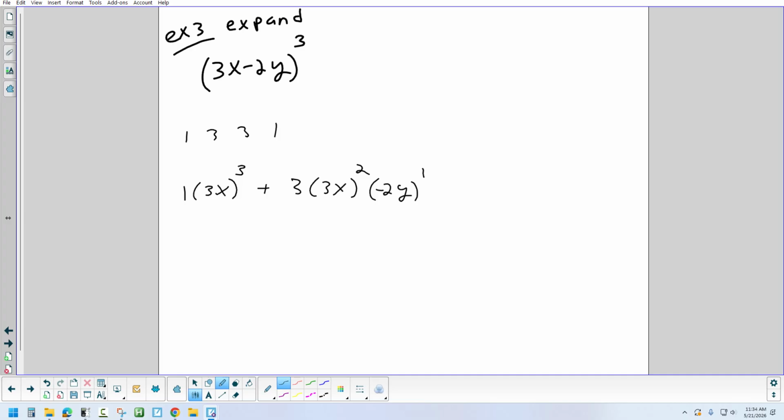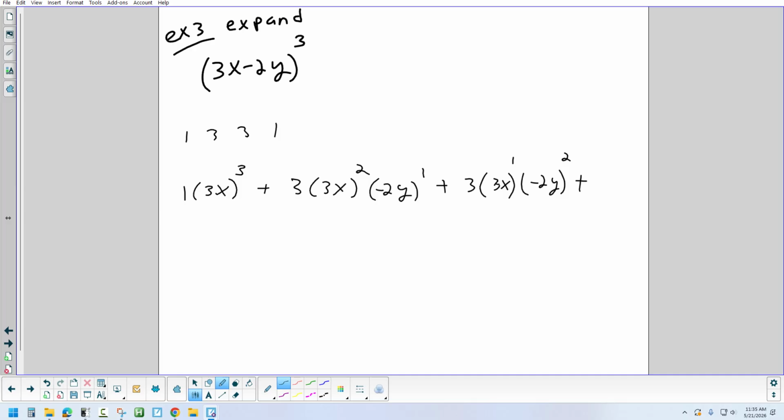Okay. Hunter, how about my next one? It should be 3 and 3x, parentheses, negative 2y squared, parentheses, because that's to the first.